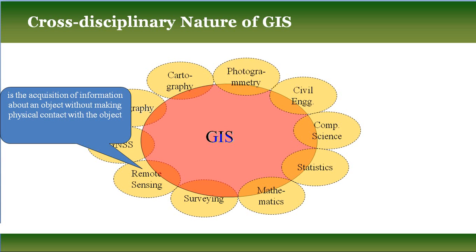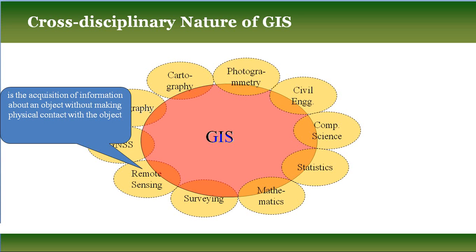So whether it is an aerial photograph or a satellite image, they represent a certain area of the Earth's surface, and whatever geographical features are present on this particular surface, they store as an image or raster data.